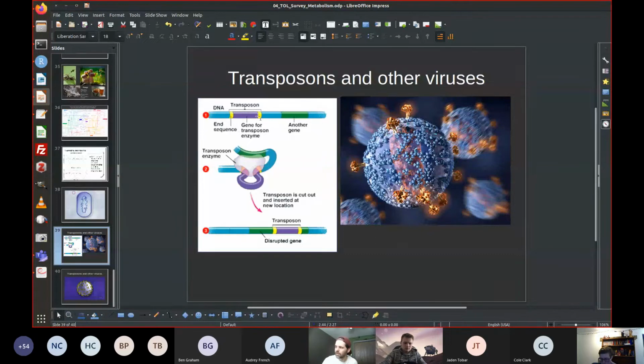It's a section of your genome here, and all it does is code for an enzyme to copy itself and insert itself somewhere else in your genome. So when you transcribe that protein, all that protein does is copy that little section of DNA somewhere else into your chromosome. Is that alive? It's reproducing. It's growing. It can evolve.